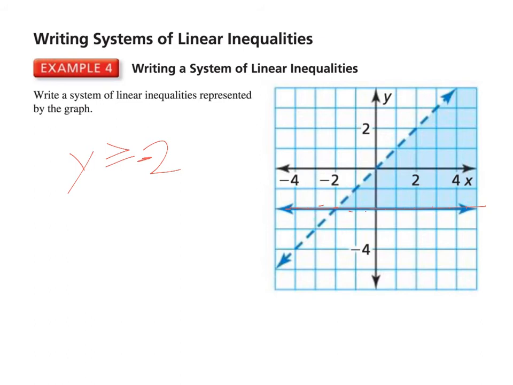And then for the other inequality, we're shading below this line, so it's going to be less than, and it's dashed, so there's no equal sign. And let's figure out what the slope is.